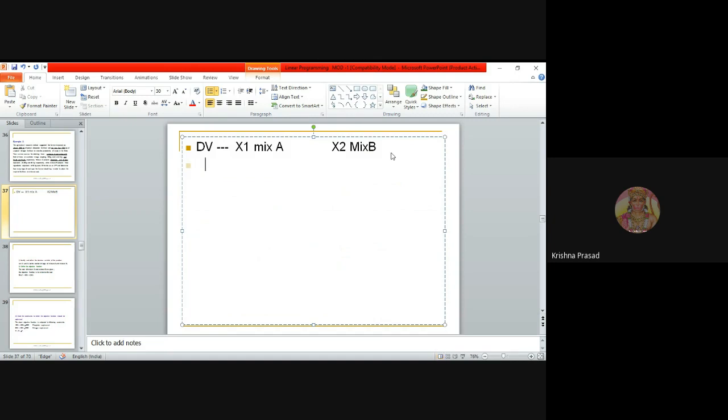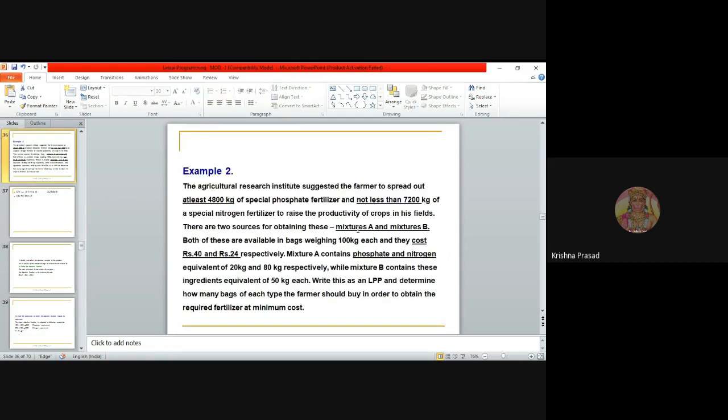Objective function: as cost is given, we are having minimize z is equal to. Constraints, we are having two things. One is special phosphate, and another one is special nitrogen.